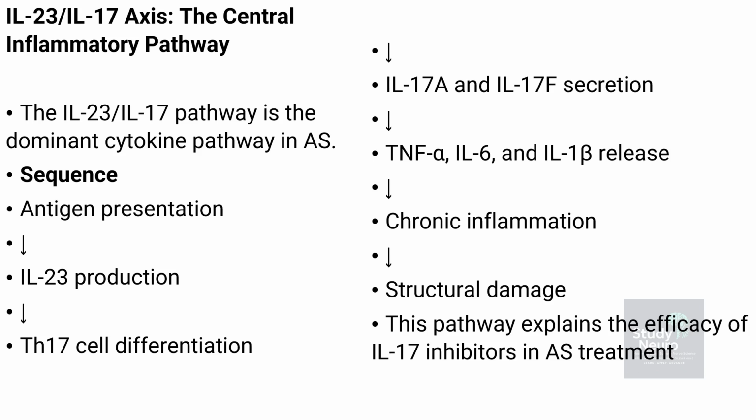This cytokine promotes the development of T helper 17 cells, and these cells release interleukin 17A and interleukin 17F, which then trigger the release of other inflammatory cytokines, including tumor necrosis factor alpha, interleukin 6, and interleukin 1 beta, creating a self-sustaining inflammatory response that continues over time.